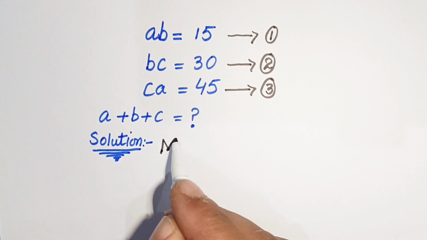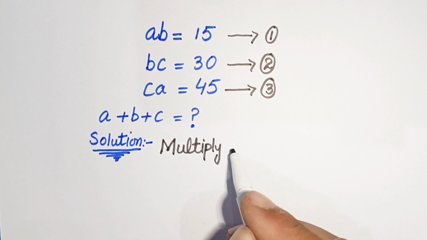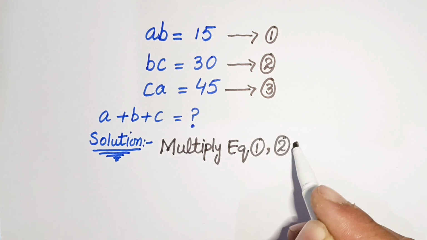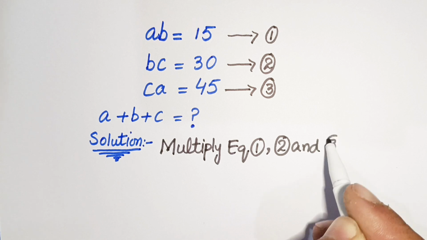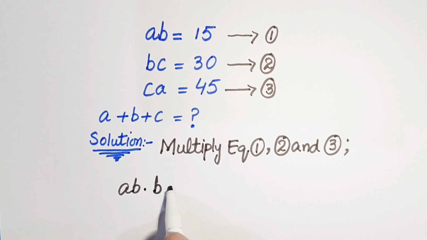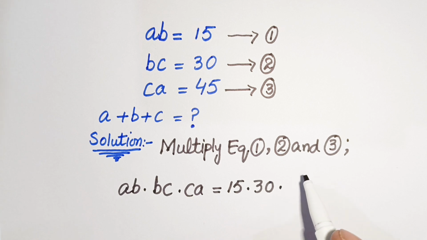Multiplying the left hand sides, we get a times b multiplied by b times c multiplied by c times a, which is equal to the right hand sides: 15 multiplied by 30 multiplied by 45.